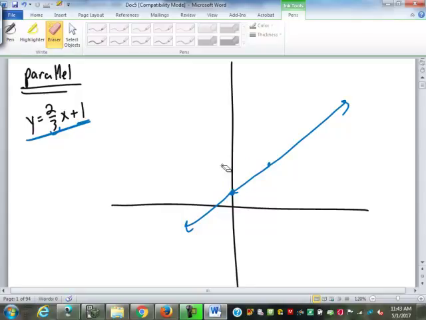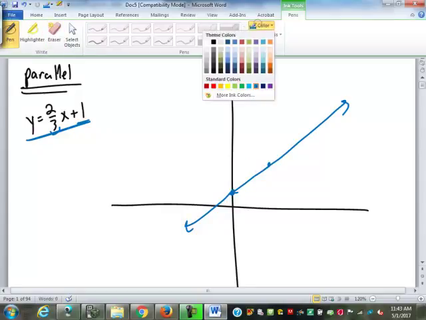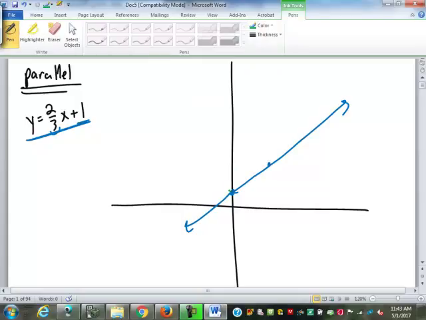Now, if I want to graph a line that is parallel to that, but I want it to start up here at 4 on the y-axis. Well, parallel, if I just look at it, just draw it in quick. I can tell here that the y-intercept is 4.